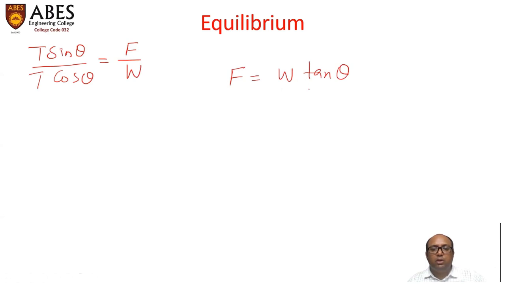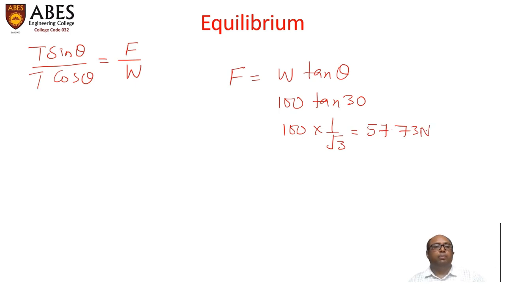Now we know the values. W is 100 and tan theta is tan of 30. So this becomes 100 into 1 upon root 3. And if you solve this with the help of a calculator, you will get 57.73 Newton.